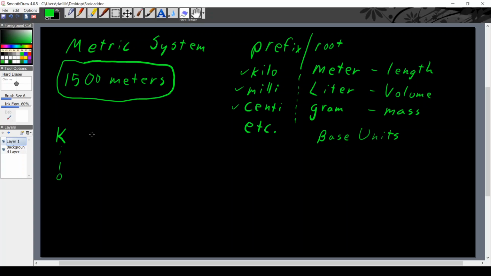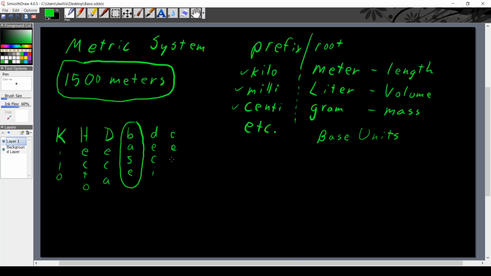Okay, so it should be kilo, hecto, then deca, and then we come to our base unit, which is going to be your meters, liters, and grams. Then the next ones that we'll encounter are deci, centi, and milli.